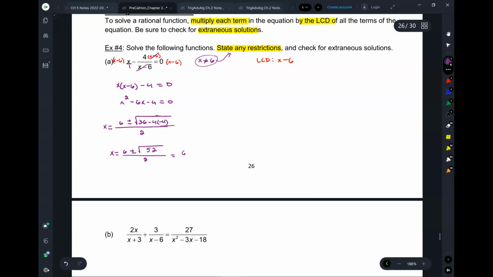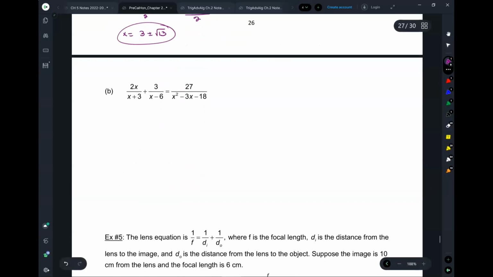So that will be 6 plus or minus 2 root 13 over 2, and then simplifying, I get 3 plus or minus root 13. Okay, none of these are a restriction, so those are both solutions to this. All right, let's move on.